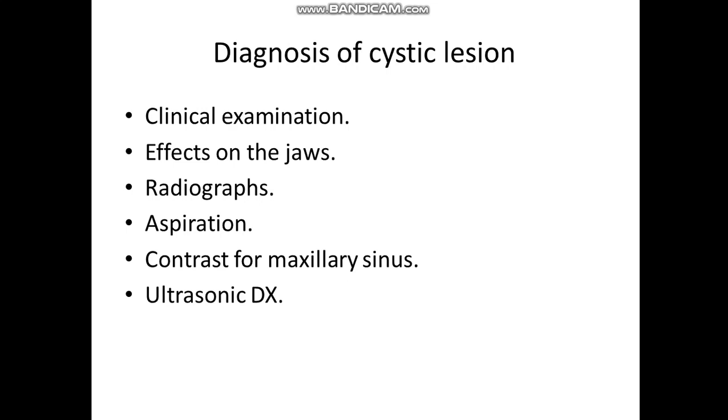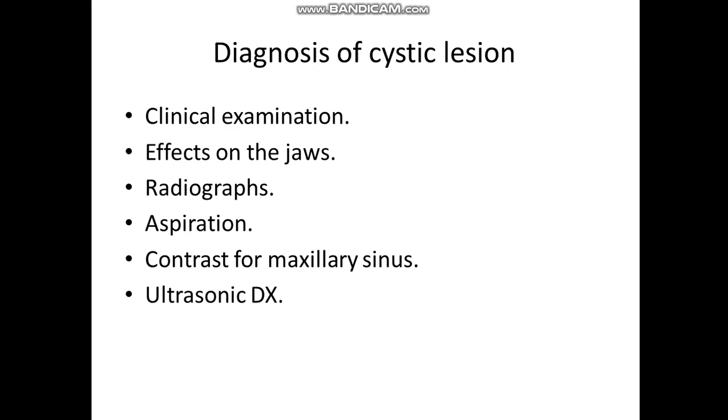Aspiration: fine needle aspiration to aspirate the contents of the cystic lesion. Usually it is straw or even yellow in color. So this could be used for the diagnosis of the cystic lesion. Contrast for the maxillary sinus: since the maxillary sinus is an air-filled space, it usually appears as radiolucency, and it is difficult to differentiate between the radiolucency of the maxillary sinus and the radiolucency of the cystic lesion.